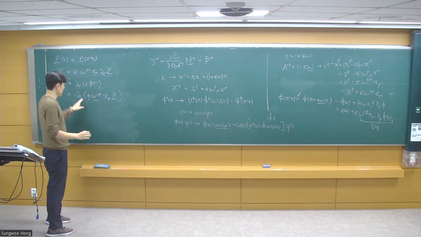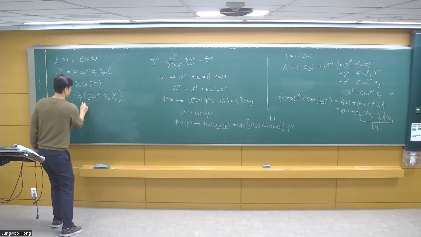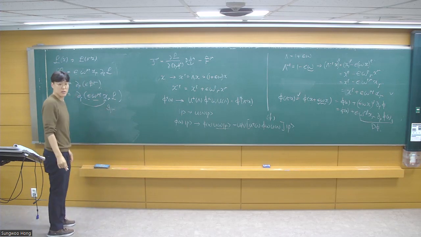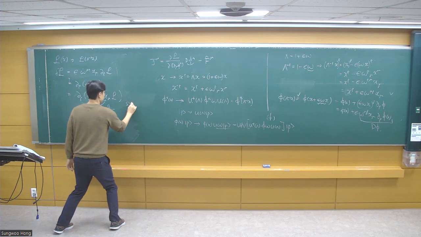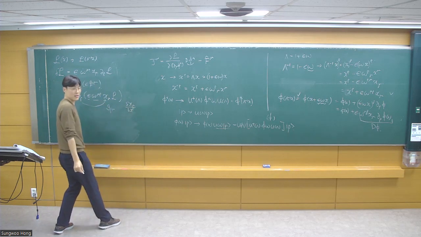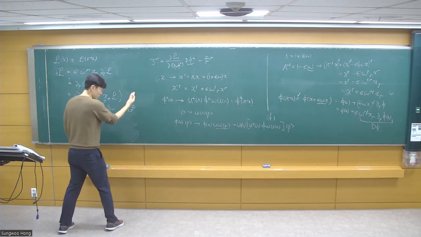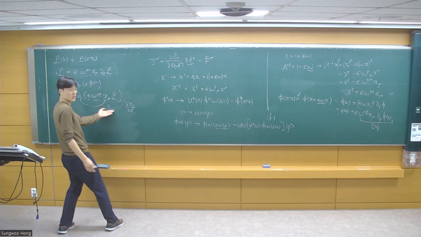Right? Next, if I act by this, that action gives me g rho mu. Right? Because remember that is the same as the derivative of x mu with respect to x rho. Okay? So this is either 0 if mu and rho are not the same, or 1. 1 in this sense. So it's the metric.